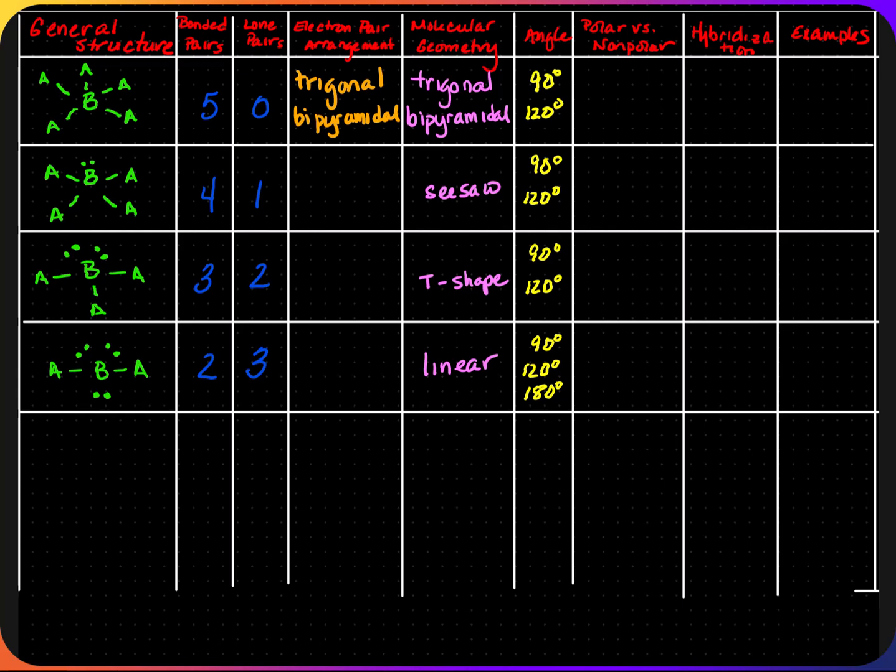The more lone pairs it has, the closer the bonds are together. Except for linear, they will be in opposite sides. The angles are all 90 and 120. Even seesaw and T-shape, you can memorize it as 90 and 120. The last one that is linear, you must also add the 180 degrees for the bond angle between the bonded elements.